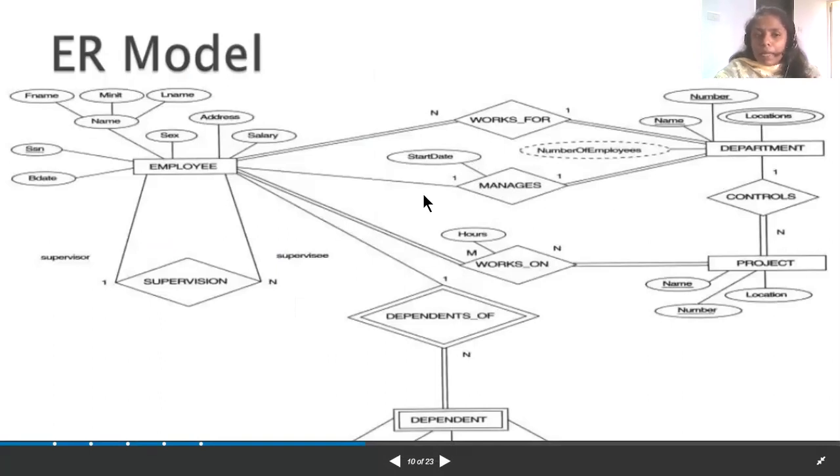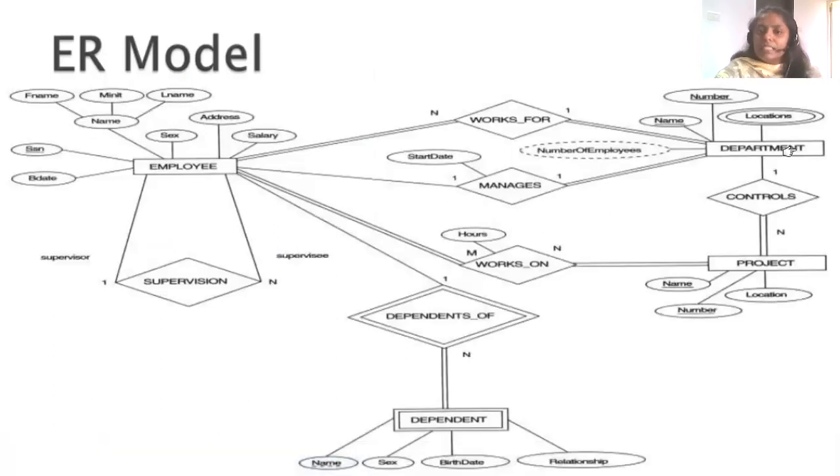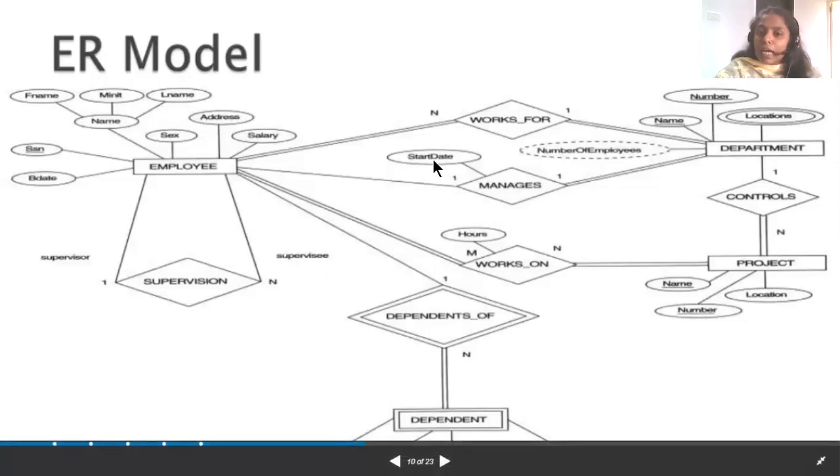So the primary key of the first table, employee, will be stored into the second table as a foreign key, plus the descriptive attribute also will be stored into the second table.